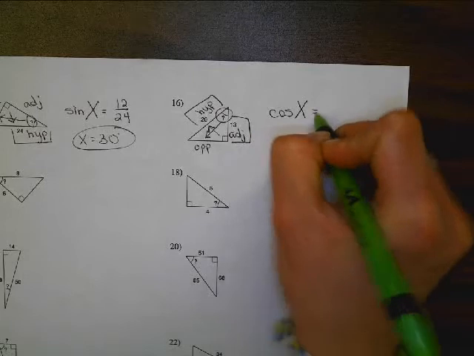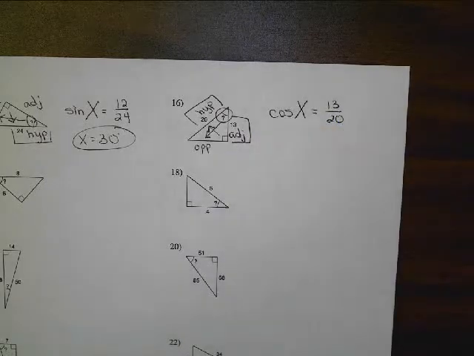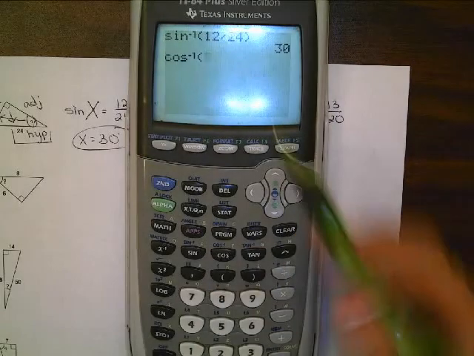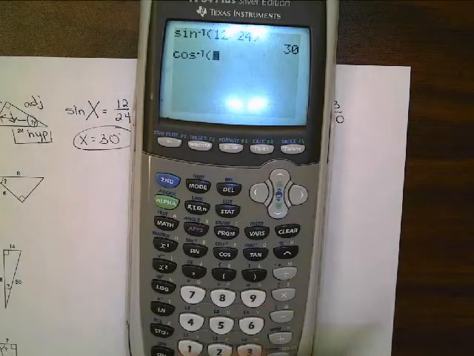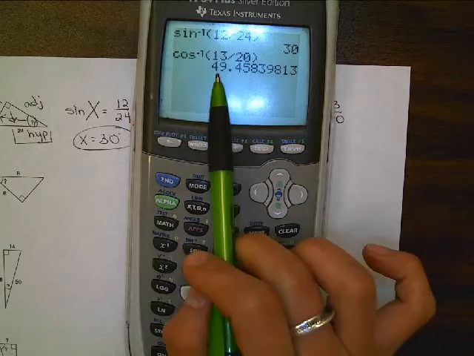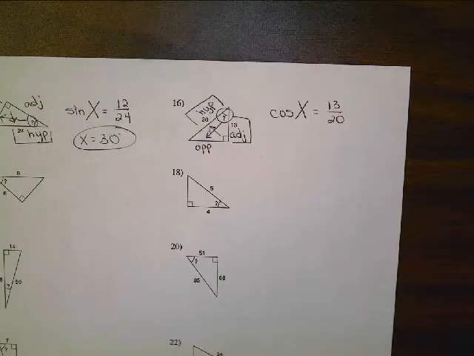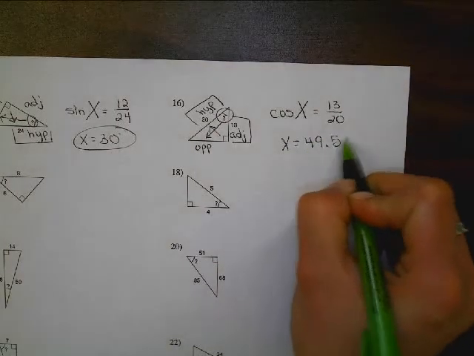So cosine of x equals the adjacent over the hypotenuse. So again, I'm going to go to my calculator, hit second cosine, so the inverse pops up, and then type in 13 over 20, and my angle is going to be 49.5 degrees. We will round to one decimal again. So x equals 49.5 degrees.